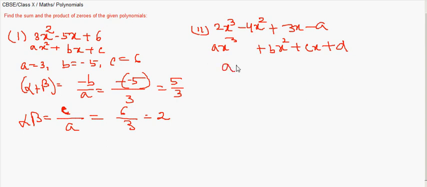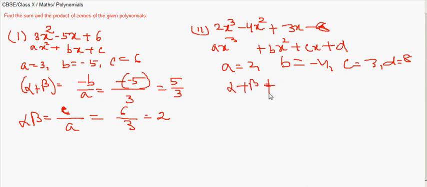That means a is 2, b is minus 4, c is 3 and d is minus 8, sorry, this is 8. Again the sum of zeros, alpha plus beta plus gamma here because you have 3 of them in a cubic one, will be minus b by a, so it is minus of minus 4 by 2, that is 2.